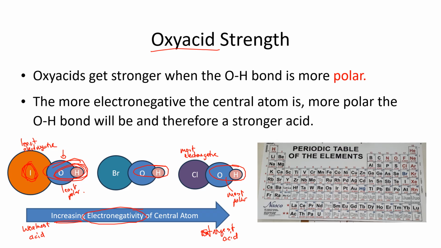So you can just follow that trend if you remember your trends off the periodic table. The more electronegative, basically the closer to fluorine you are, the more electronegative the atom will be, and the greater that electronegativity means a more polar bond and a stronger acid.